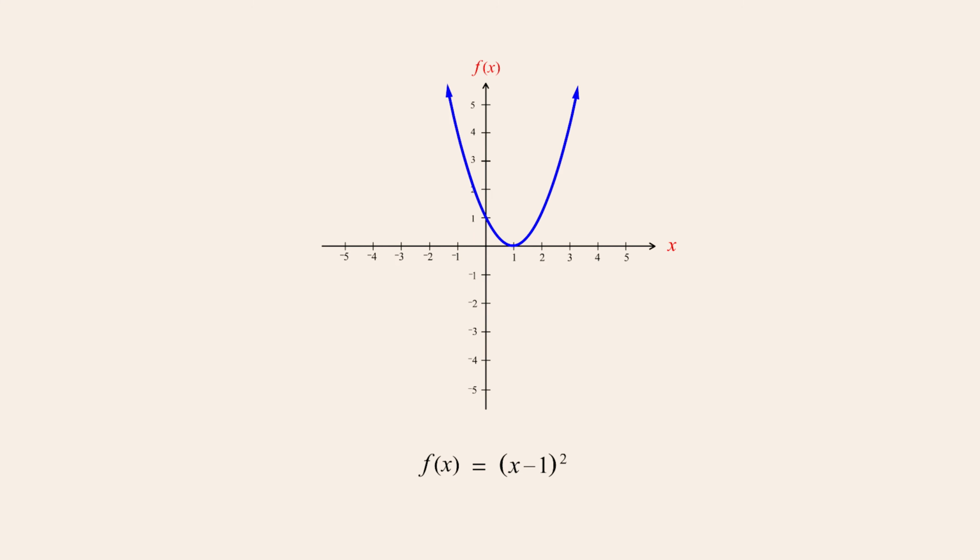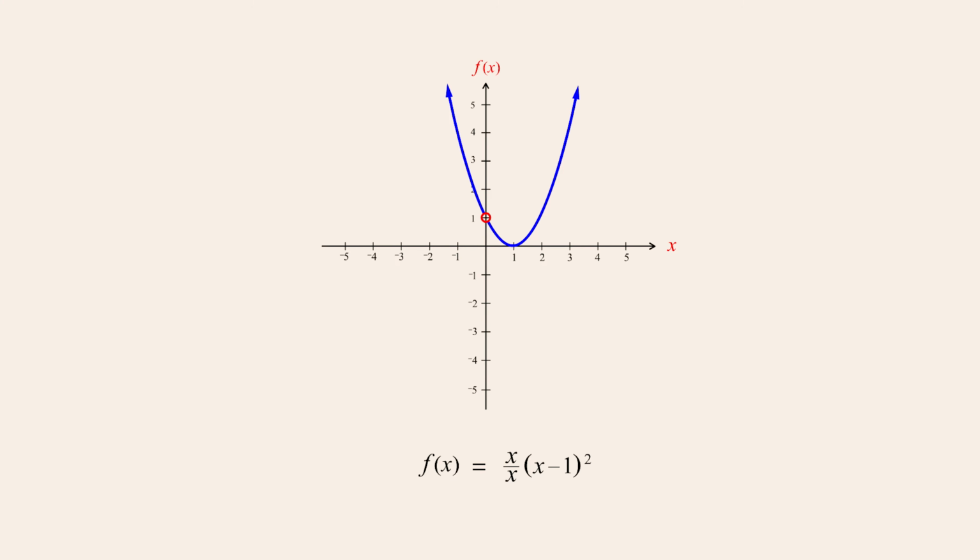If we multiply this function by x over x, the shape of the parabola does not change, but now a hole has appeared in the graph. Since the value of x over x is 1 except when x is 0, multiplying by x over x is the same as multiplying by 1, so the parabola's shape is unaffected.